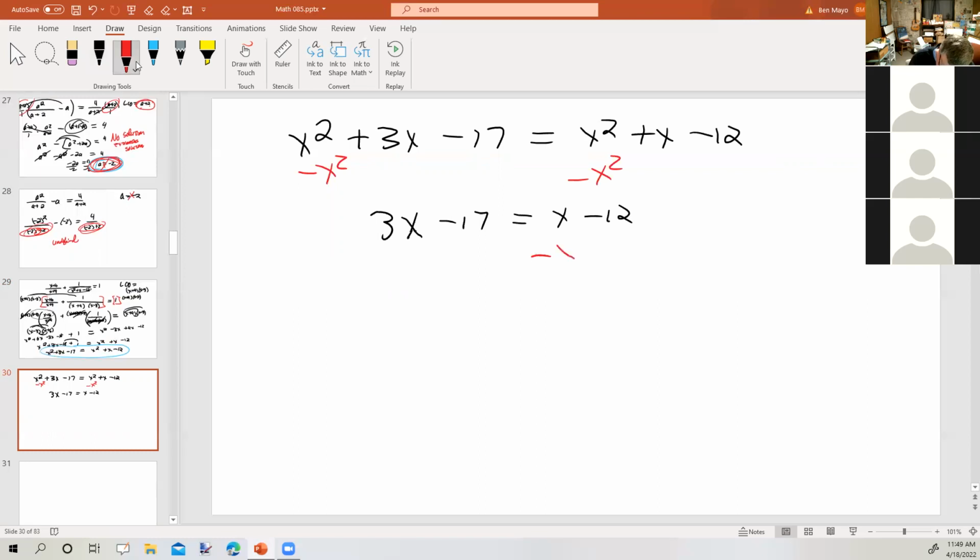So let's put all the x's on one side. I'll subtract x from both sides. And all the constants on the other side, I'll add 17 to both sides.